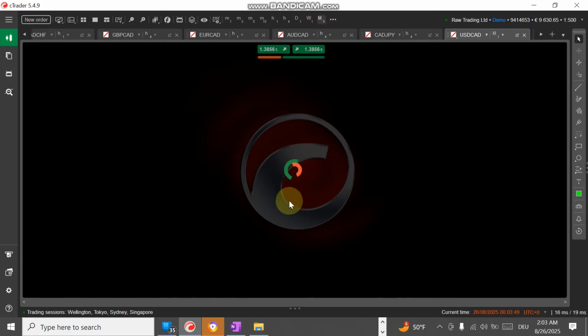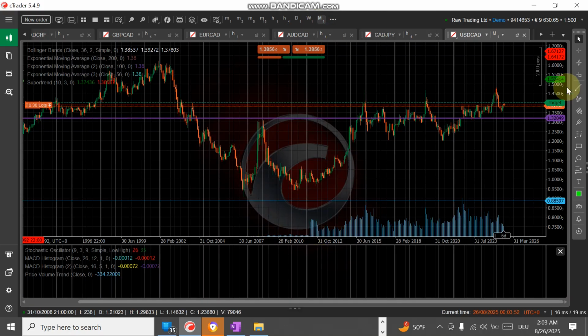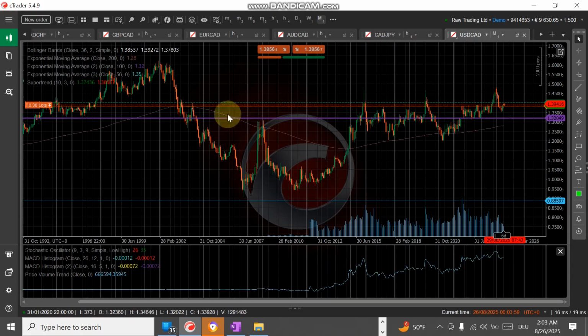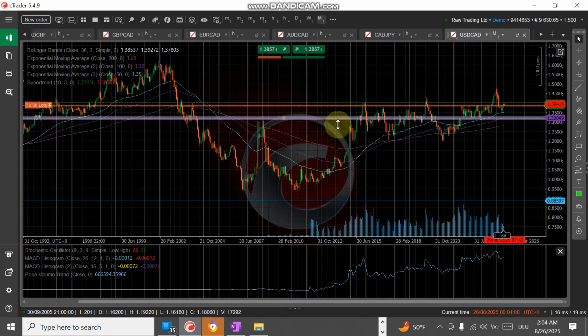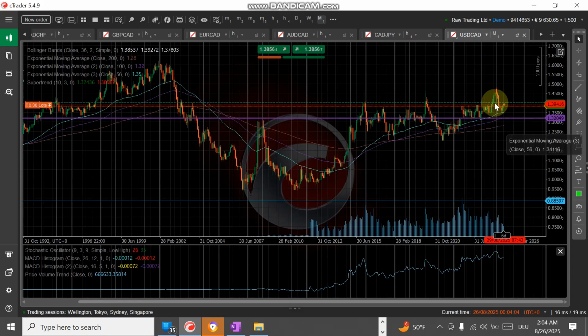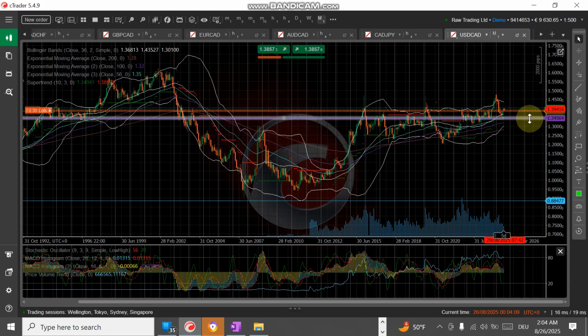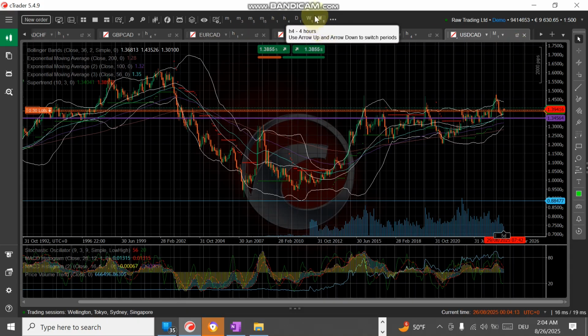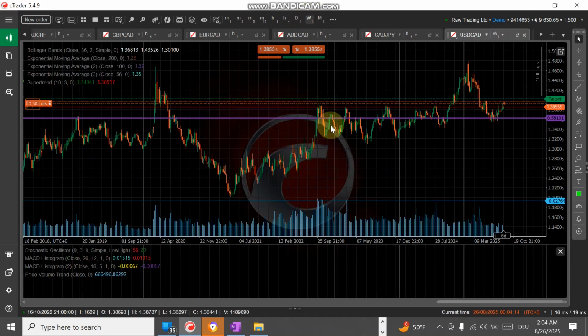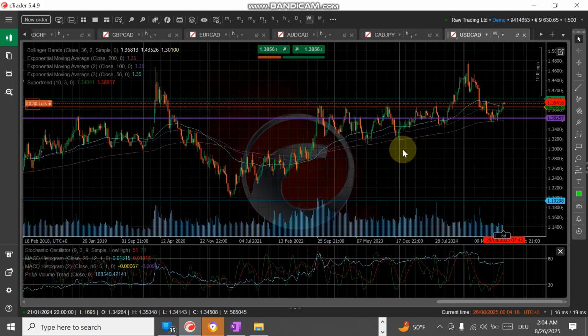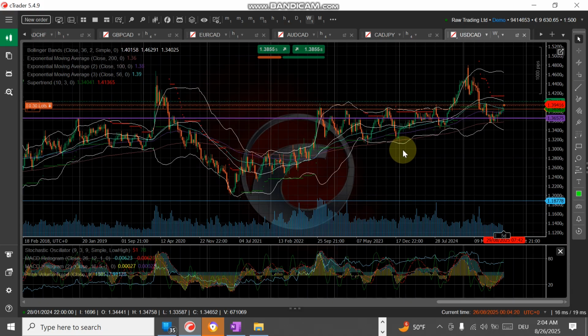If the train runs up and reaches the point where it's supposed to be responded to by the seller, because they are the gatekeeper here, they need to show their strength to smash the price down. So this is the idea that the price has to go down if not going up. So I'm looking for some sell on this, because I think it should go down a little bit.